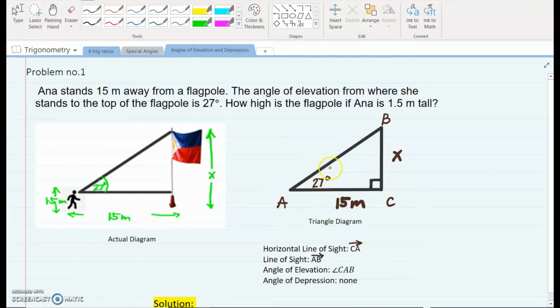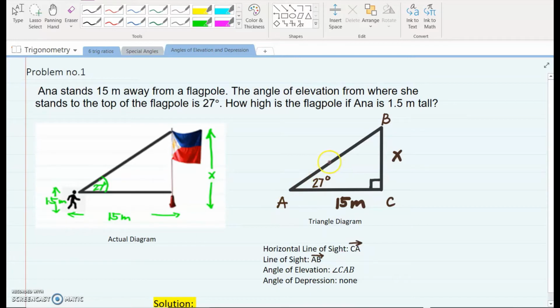As you can see, this is your angle of elevation at 27 degrees. We can relate 27 degrees to this side, which is the unknown side, and this side, which is the given side.